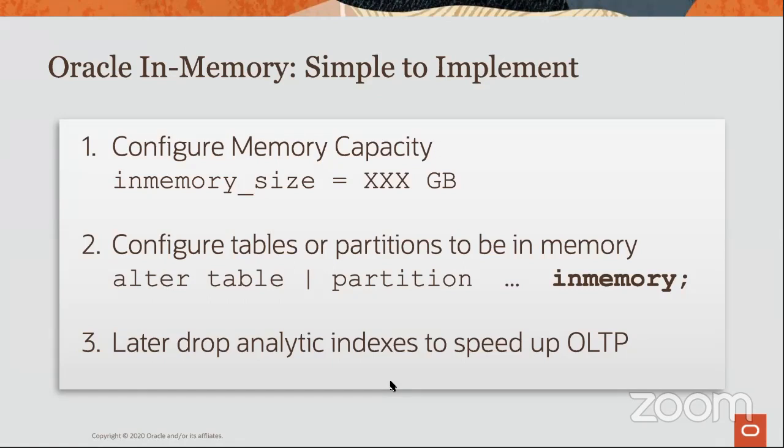We have several customer stories out on oracle.com that talk about large customers that have been able to justify using Database In-Memory because of that reduction in workload, because they don't have to maintain all of these analytic reporting indexes they had to create in order to support their analytic reporting.